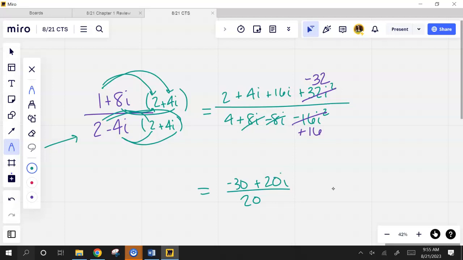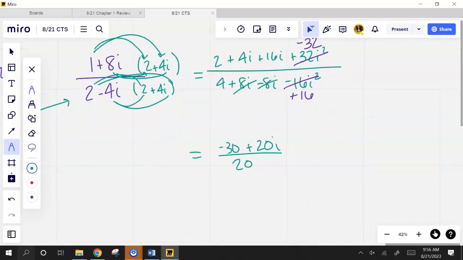As you simplify fractions that have multiple operations in them like this, if I want to simplify whenever I have complex and imaginaries, I have to divide every single term in there. So I could divide everybody here by what? 10. So to simplify, -3 plus 2i over 2.